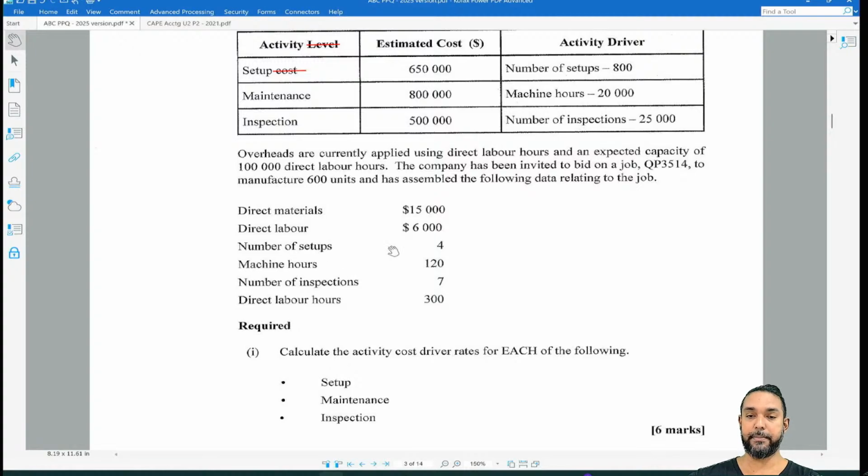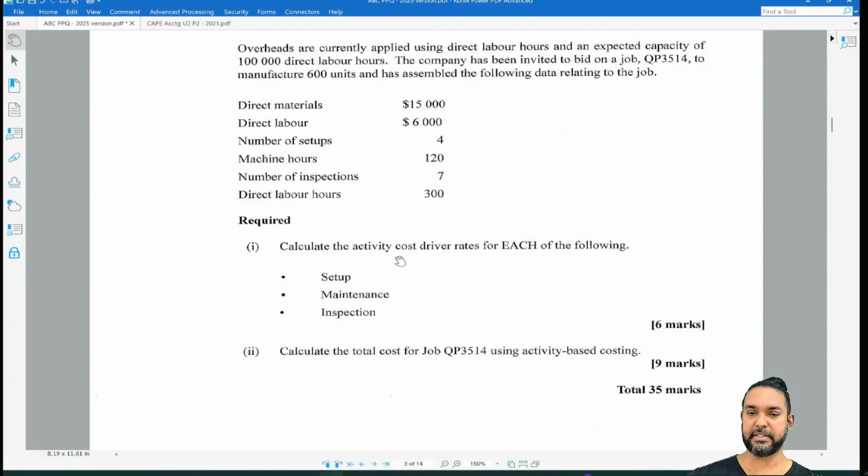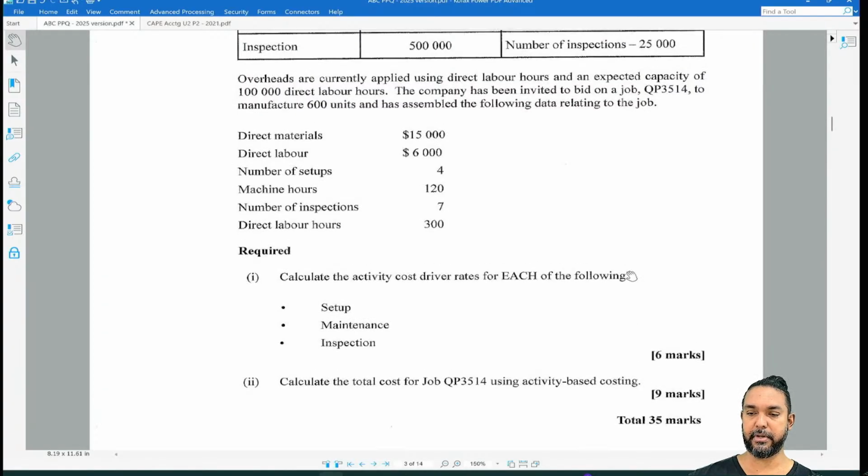So setup for machine hours, 120. That's going to drive the maintenance. And then number of inspections, 7. Okay, cool. So calculate the activity cost driver rates for each of the following: setup, maintenance, inspection, and then calculate total cost using activity-based costing.